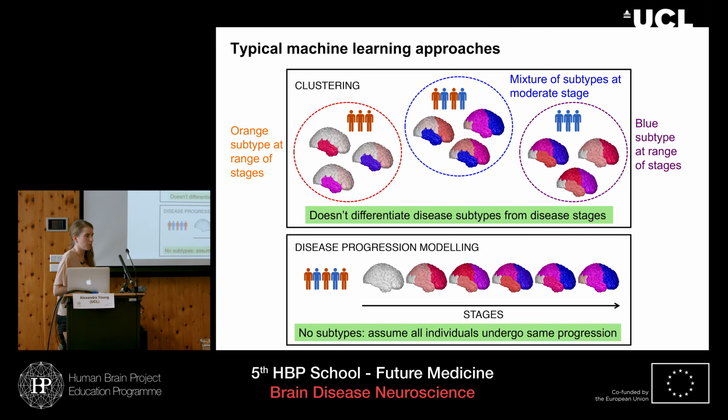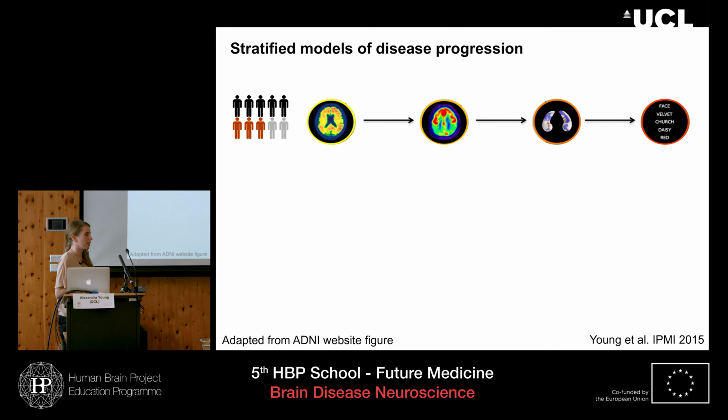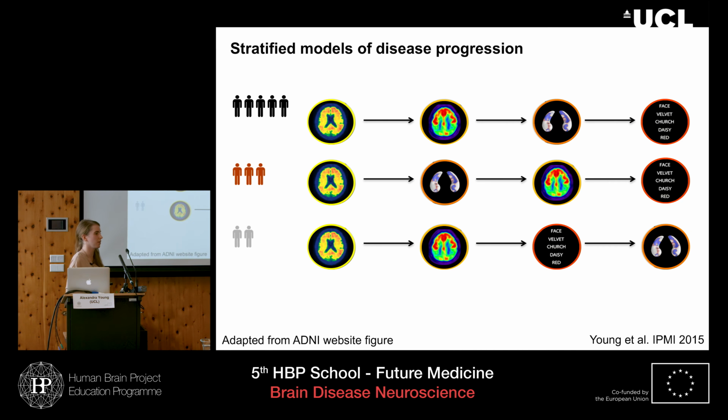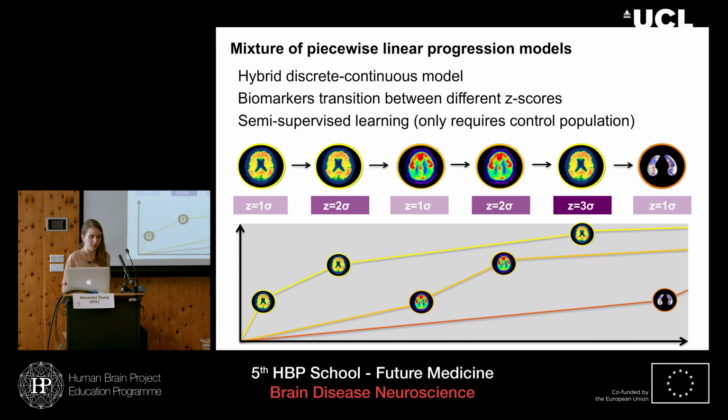The idea of subtype and stage inference is to integrate these two ideas to simultaneously estimate both subtypes and progression patterns. Basically, this is a stratified model of disease progression. Rather than having a single disease progression pattern, we now have multiple disease progression patterns that we're trying to estimate from the data. The specific way this is formulated is as a mixture of piecewise linear progression models.